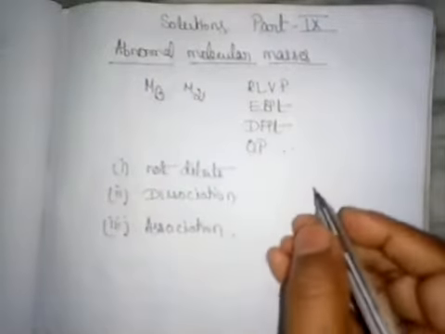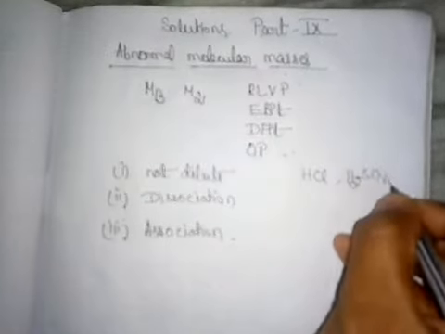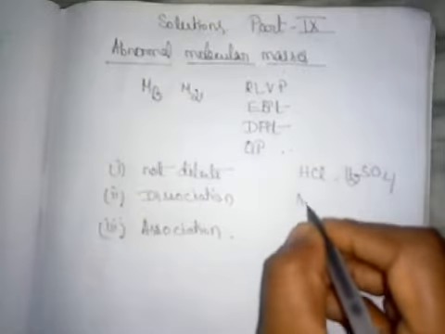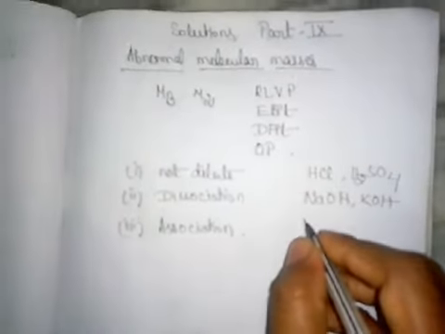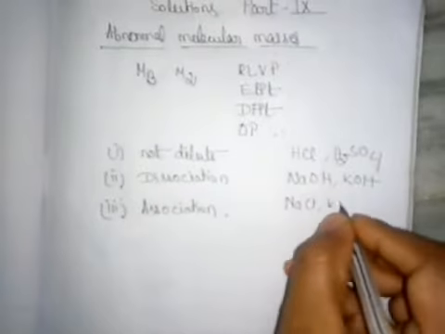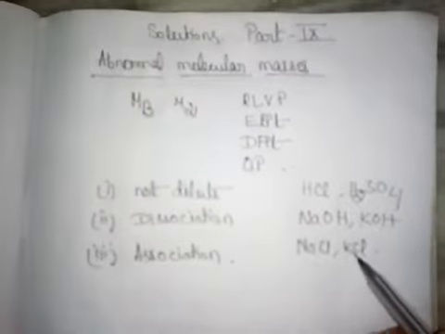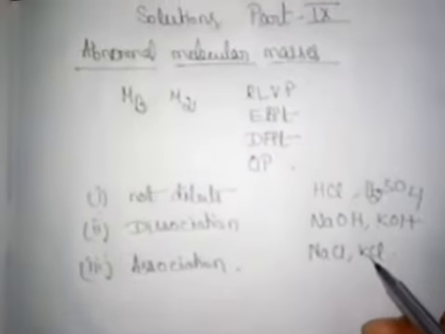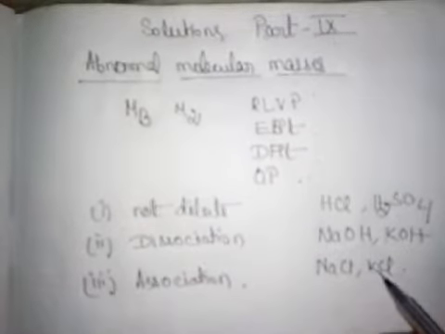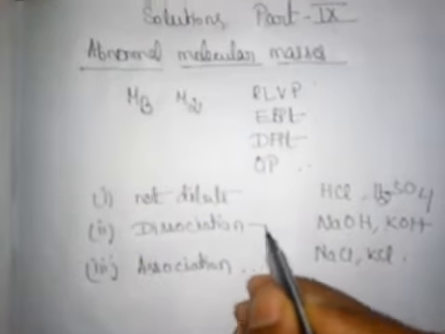In case of aqueous solutions of the acids HCl, H2SO4, etc., or bases like NaOH, KOH, etc., or the salts NaCl, KCl, etc., the solutes undergo dissociation completely or to a smaller extent. Anyhow, the number of particles in the solution increases wherever we have dissociation.